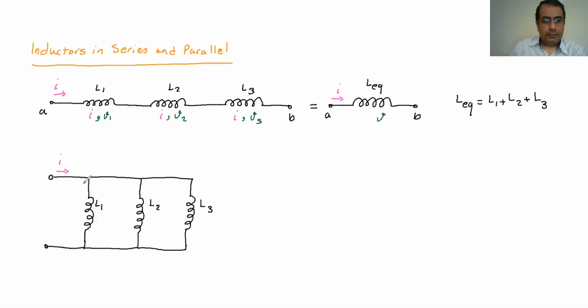Then we know that it's going to be I1 going through this one, I2 going through the second one, and I3 going through the third one.